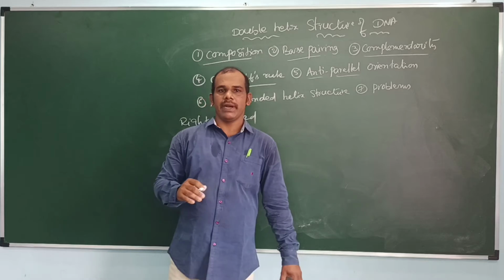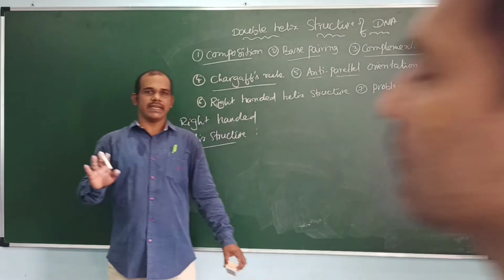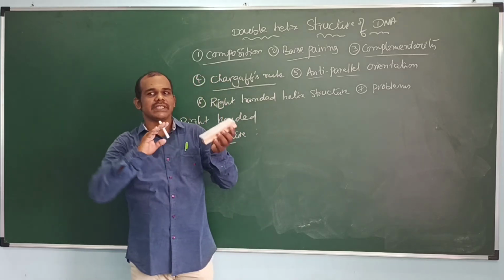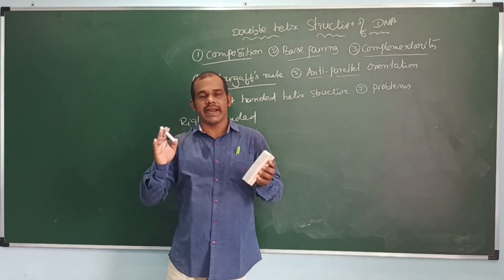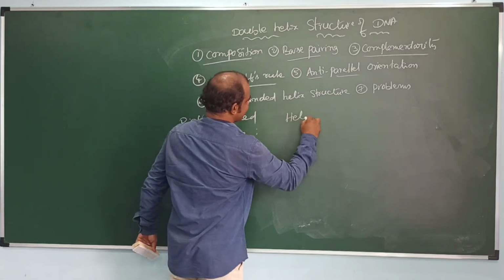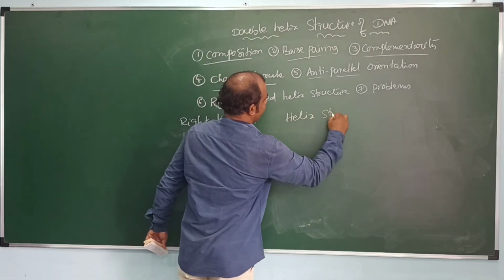The DNA is made up of two polynucleotide chains, and these polynucleotide chains are twisted around each other in right-handed fashion to form a helix-like structure. That is called helical structure.